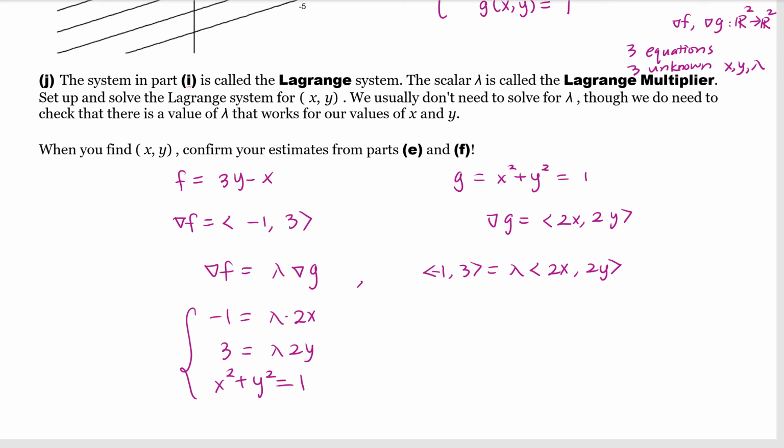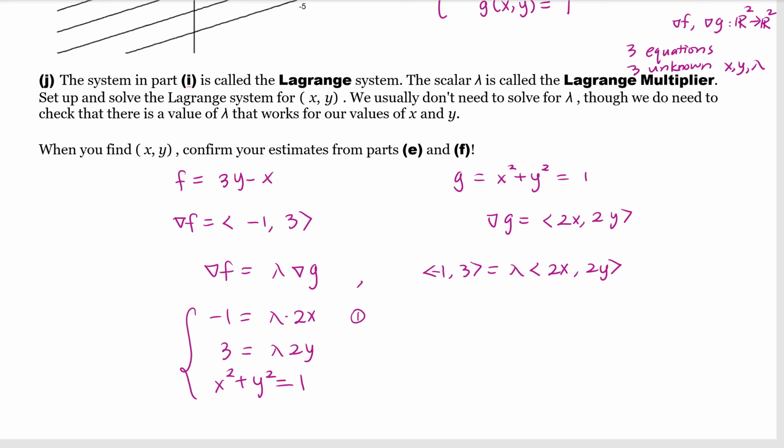We can use substitution. One way is we can solve x in terms of lambda, and we can solve y in terms of lambda, and then we can plug into the equation, and then we can get an equation about lambda. And then after we solve lambda, we can plug in and find x and y again.